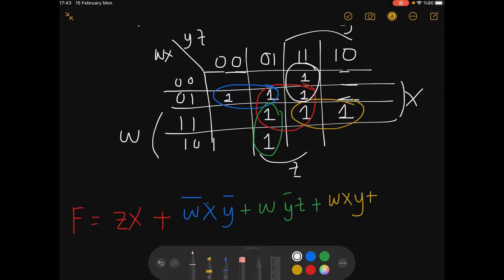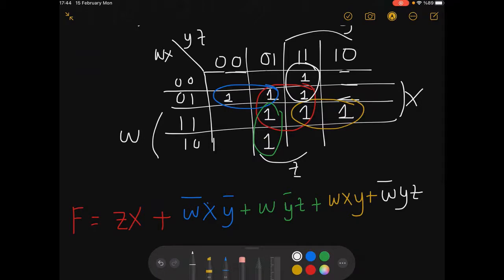So it would be what? It is W naught Y Z. So W naught Y Z. Okay, this one. So it's not dependent on X.